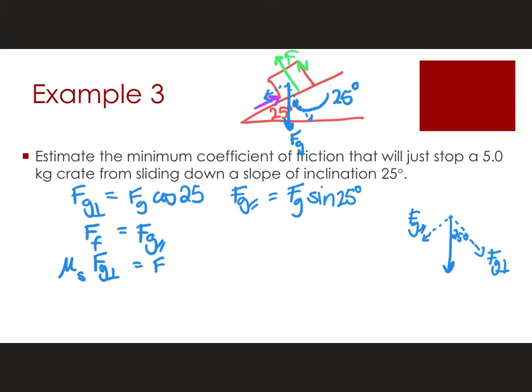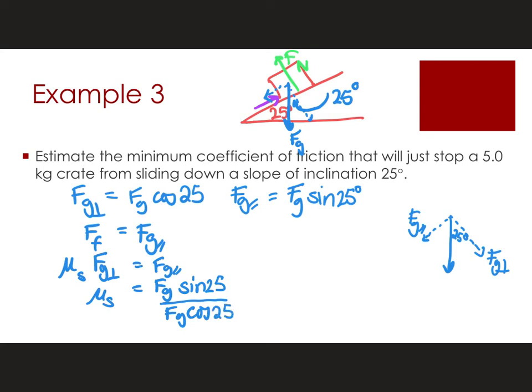And on this side, FG parallel, if I put some more values in there, mu s is going to, FG parallel was FG sine 25, and FG perpendicular is going to be FG cos 25.